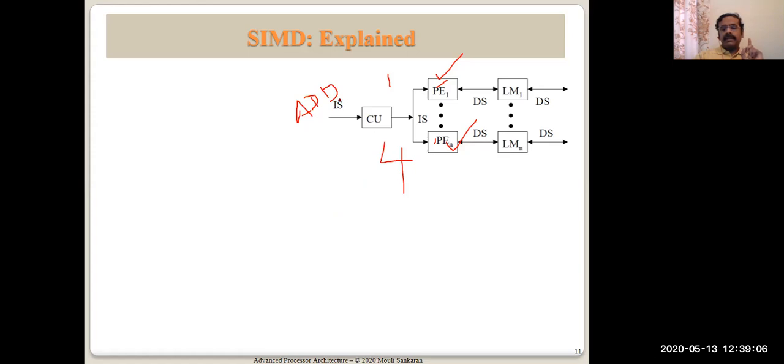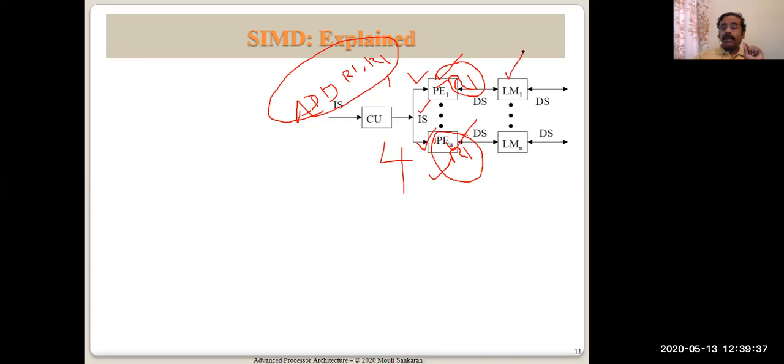Then this add instruction is executed by 4 processors in parallel. But they are all operating on different data. If it is add R1, R1, that R1 is here, and a different R1 is here also. So this add R1, R1 is operating on its own R1, whereas the same instruction is working on another R1. That is why it is operating on different data elements: they have their own register sets and operate on them.